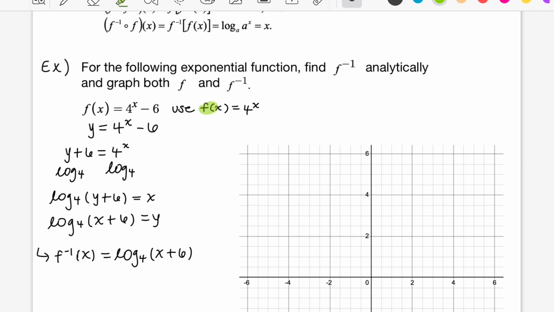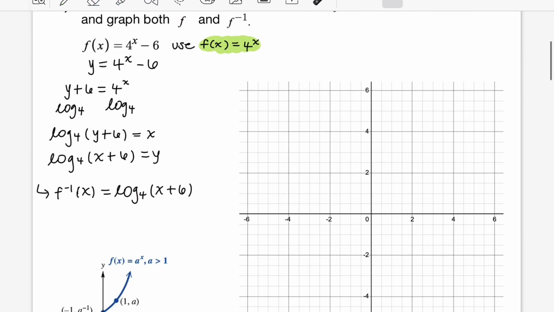So first, let's graph this guy. Based off of this information here, we know that our graph is going to cross through the point -1 and a to the -1 power. Our a here is 4, so 4 to the -1 power is 1 over 4, which is 0.25.